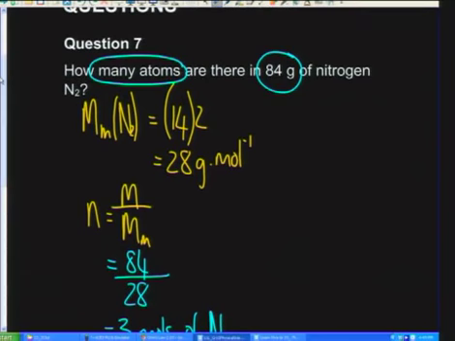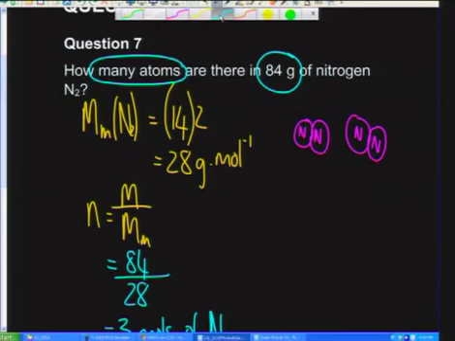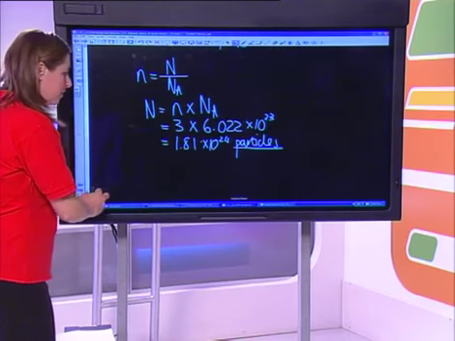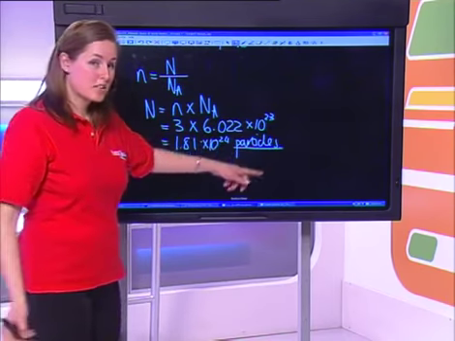And notice that nitrogen is diatomic, which means, let's draw a little nitrogen, 2 nitrogens joining together, making up a particle. So notice, if that is 1 particle, in each particle there are 2 atoms. So what do I have to do to my final answer? Well, that was just the number of particles.